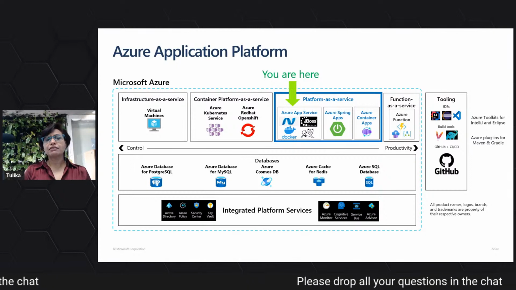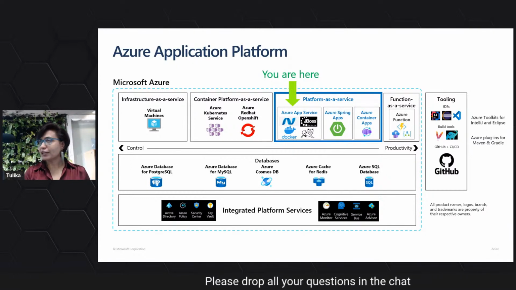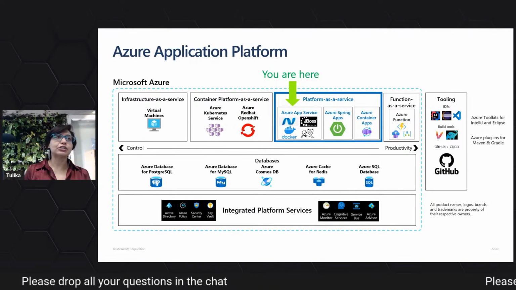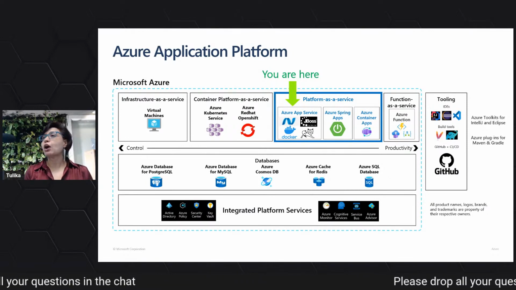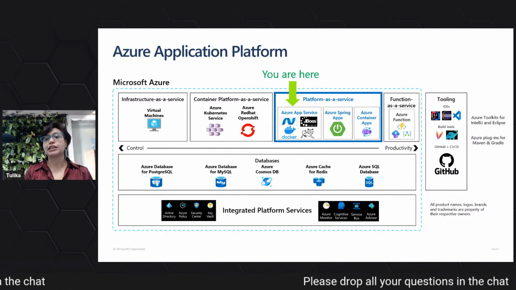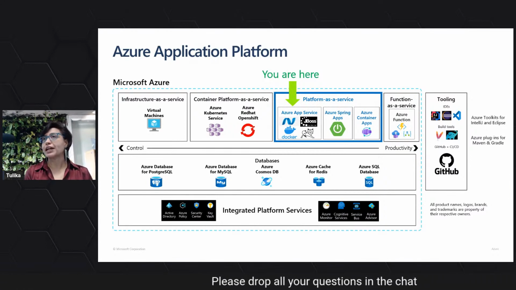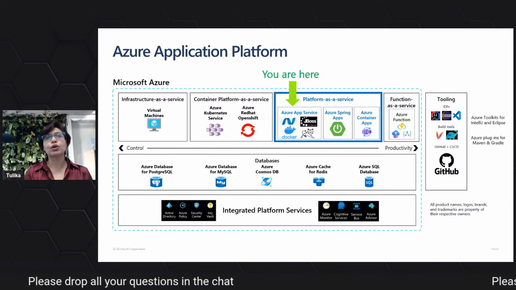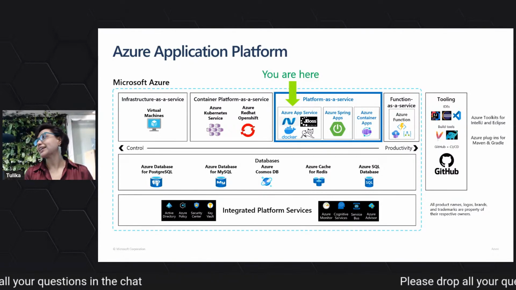We also have things like container platform as a service. So if you've worked on Kubernetes, that's another thing that you can deploy on Azure. We have a contract with Red Hat. So we have the Azure Red Hat OpenShift. And as platform as a service, we also allow you different other services like Spring Apps.